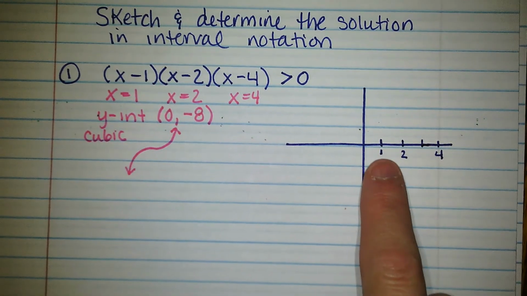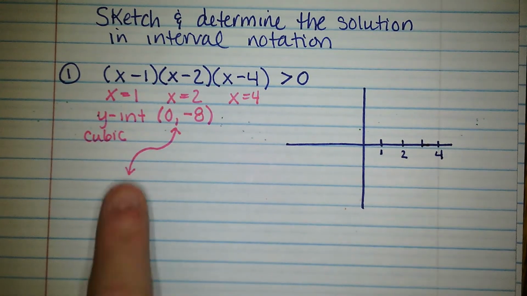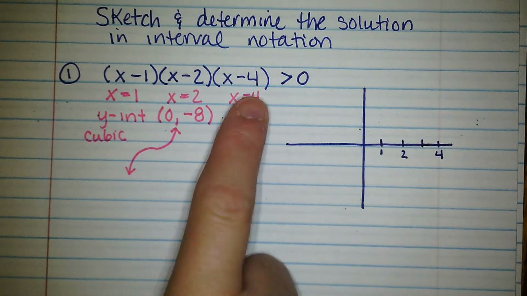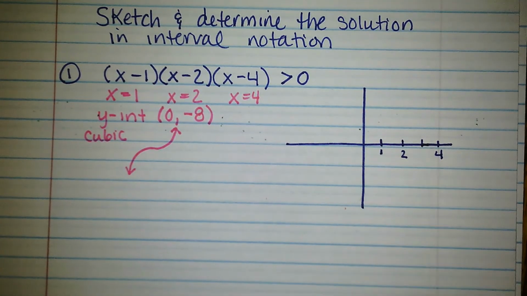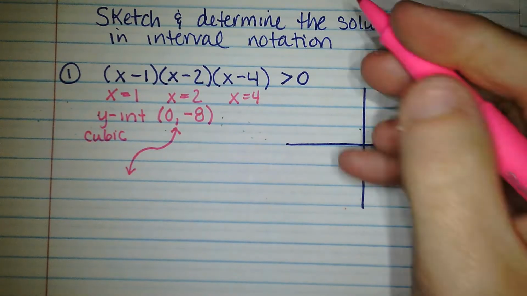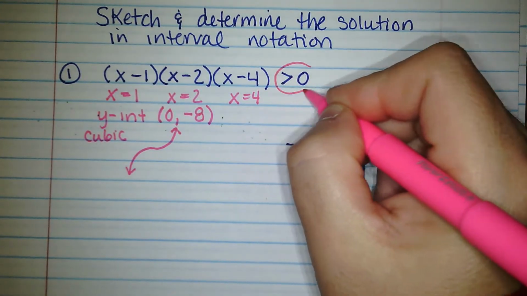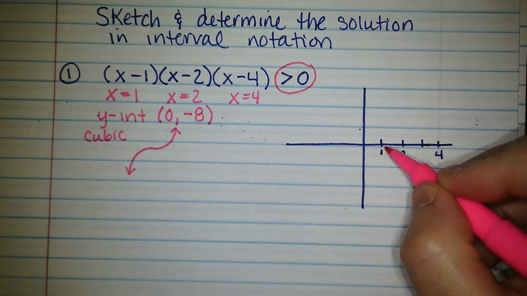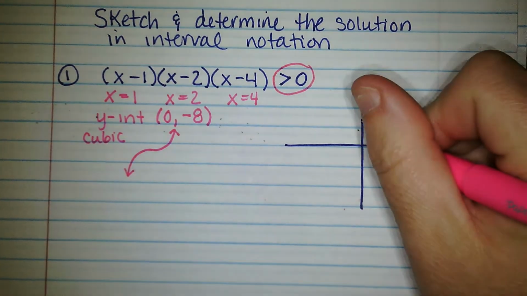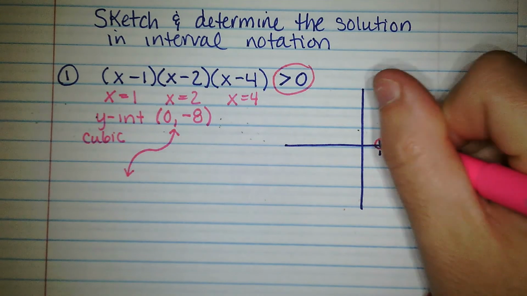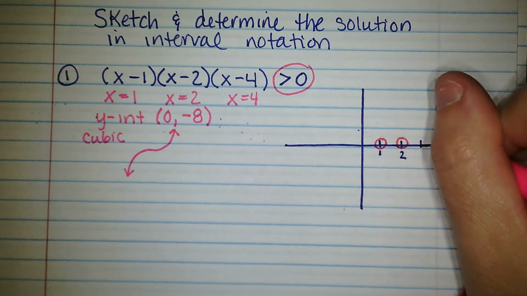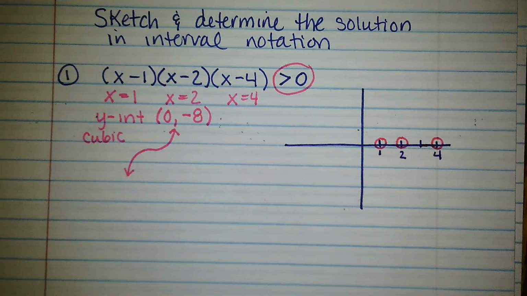All right, so I labeled 1, 2, and 4 on the x-axis because those are where our roots are. I didn't put dots on them yet for a really specific reason. You see, we're in inequalities now. And because this says greater than 0, these have to be open circles. So I need to make sure that I'm making open circles in these spots when I do my graph.